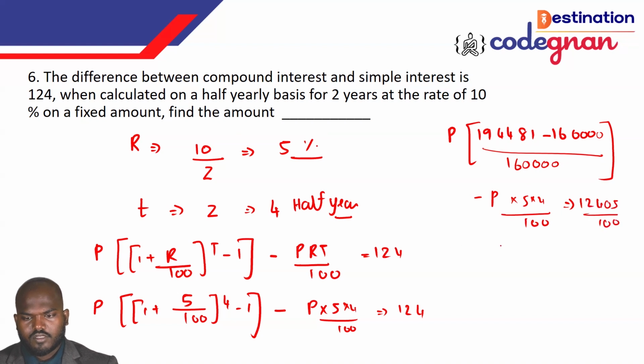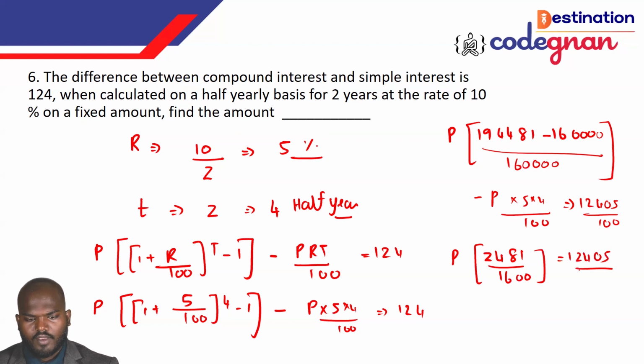If you resolve this one, it will give you 2481 by 1600 is equal to 1245.